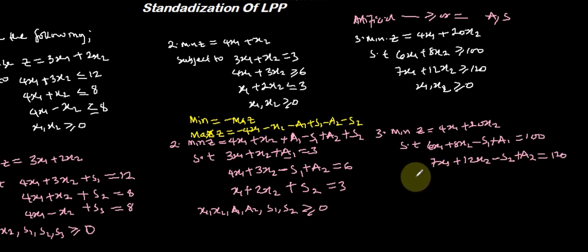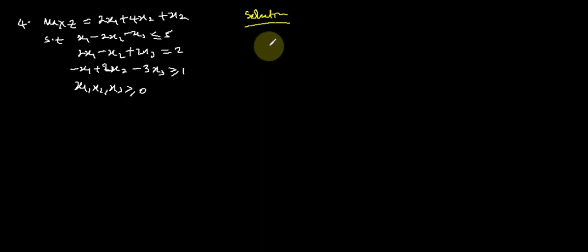So the non-negative condition will now be x1, x2, a1, a2, s1, s2. Remember here we are adding our artificial variables and the rest in the objective function. We have minus s1 plus a1 minus s2 plus a2. So this is the standardized form.